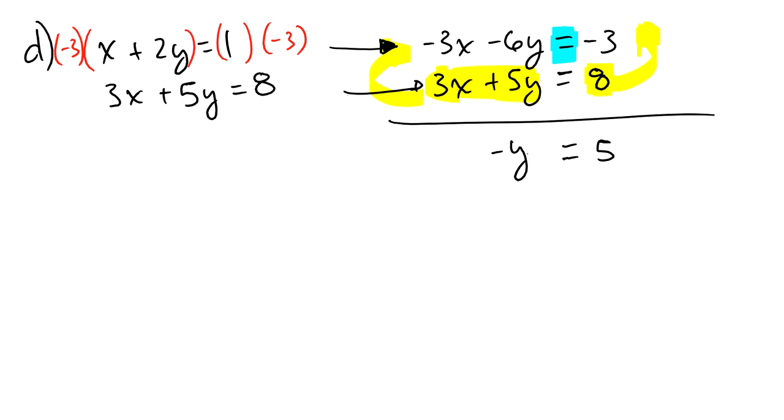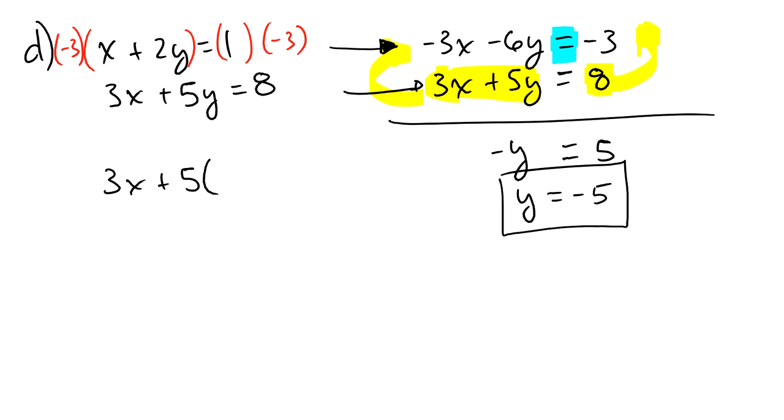And let's go ahead and push that forward. If that's the case, and I divide both sides or multiply both sides by -1, we get that y would be -5. So we know what y is, right? y is -5. Let's use that to figure out what x is. I'm just going to plug this into the second equation. The numbers might be slightly larger, but I can handle it. So there's a 3x and then plus 5 times, but playing the part of y, we now believe that y is -5, and that equals 8.